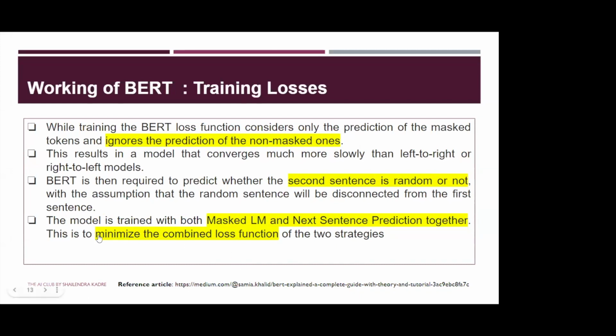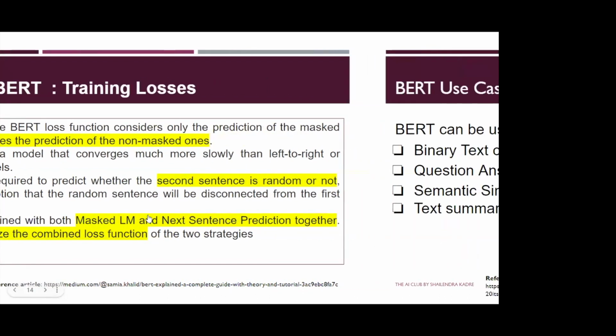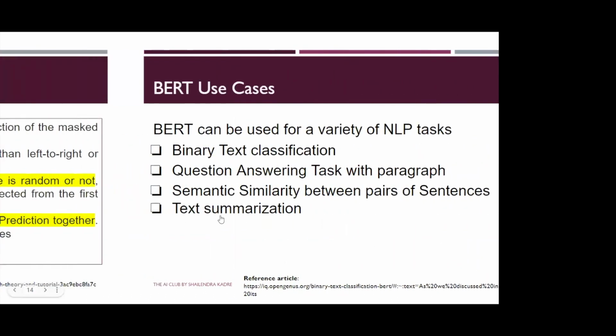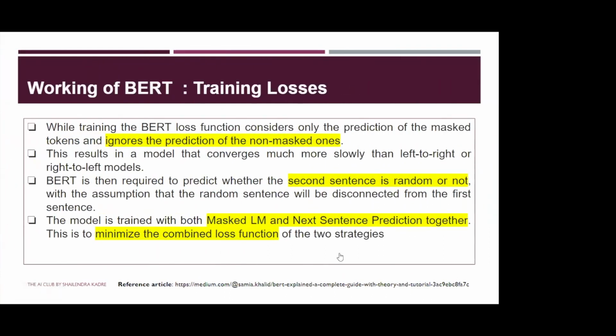The losses of these two processes are combined together, and in order to combine the losses, these two processes are done simultaneously. So the model is trained with both masked LM and next sentence prediction together, and this simultaneous training helps us minimize the combined loss of these two strategies, and that results in a good model.